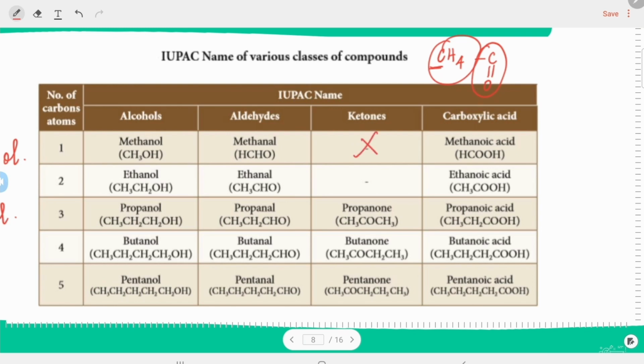And in the case of ethane, ethane has only two carbons, and a ketone should have C double bond O, with a carbon group on each side. In that case, it becomes three carbons. Therefore, methane and ethane cannot have a ketone group.